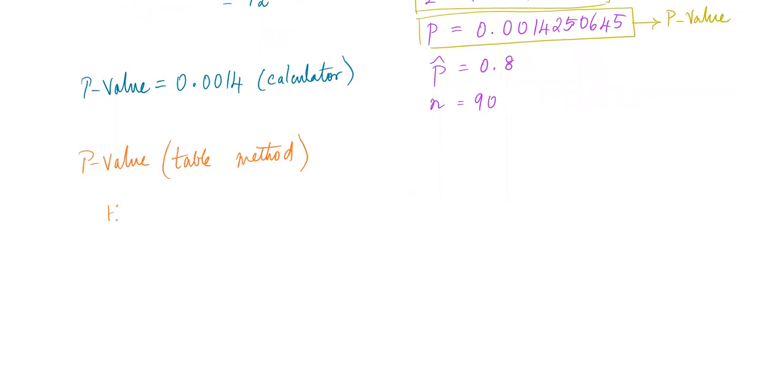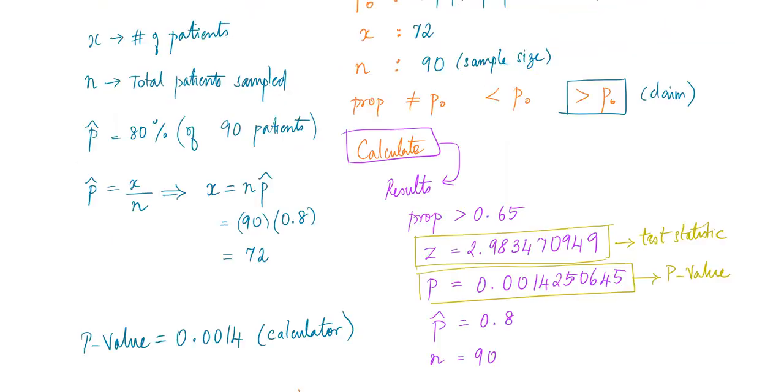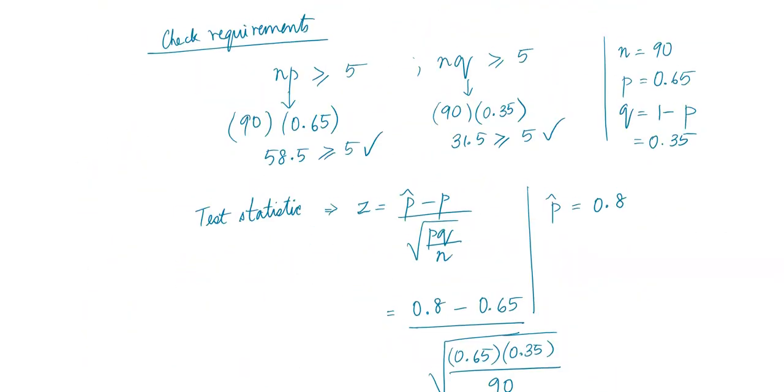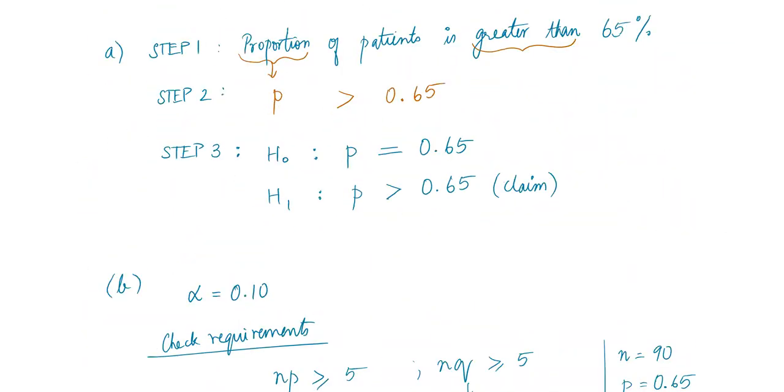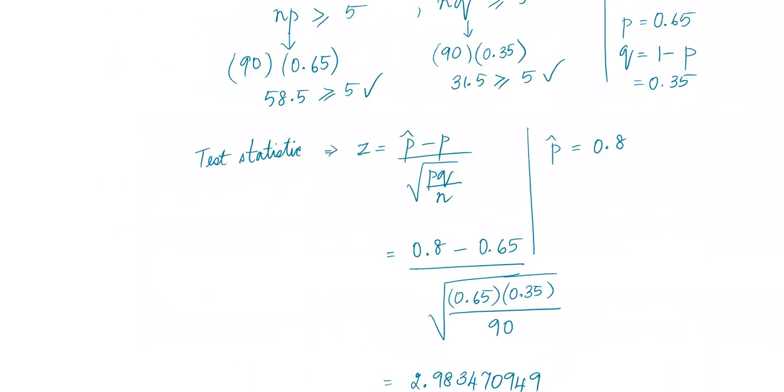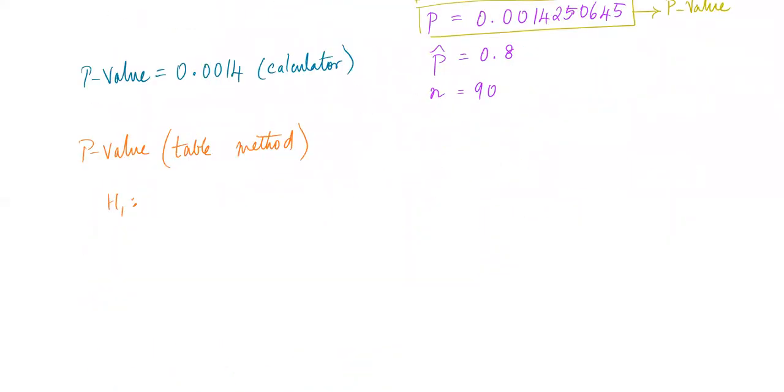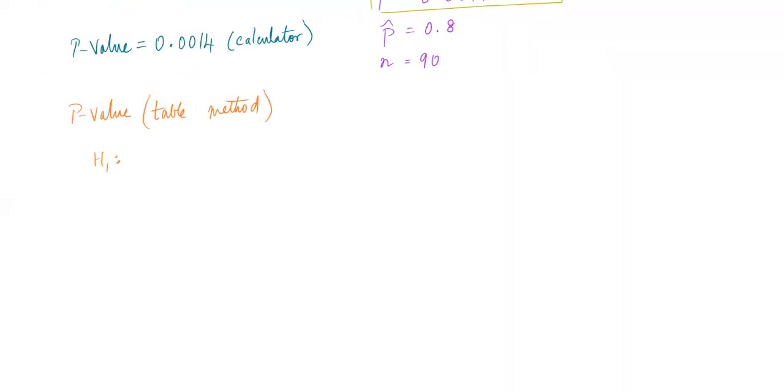So for that, I look at H1, right? That's part A. The H1 has a greater than symbol. H1 is P greater than 0.65. Because of the greater than symbol, it means it's right-tailed.